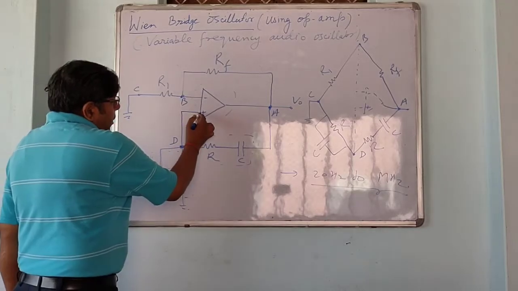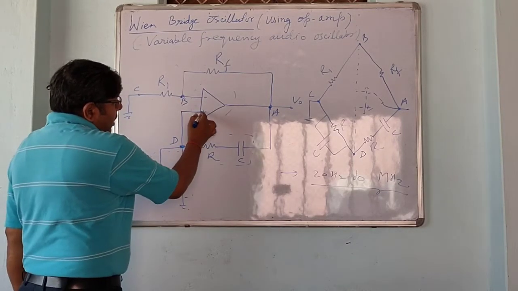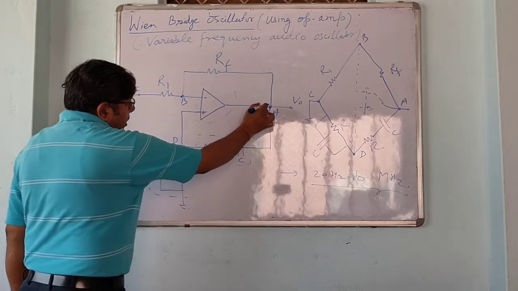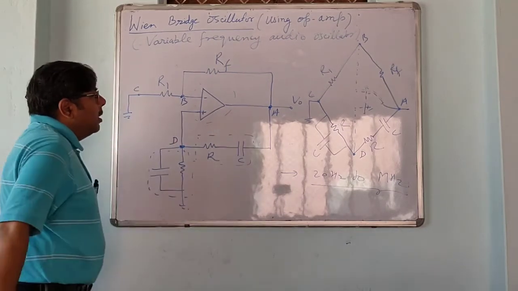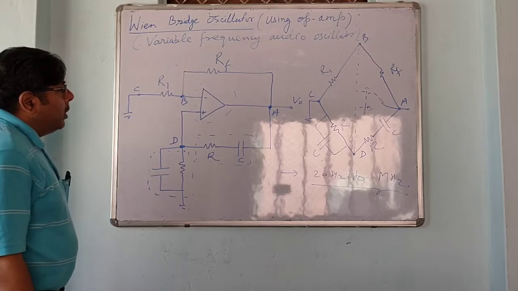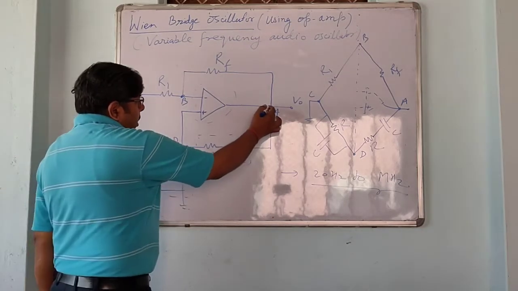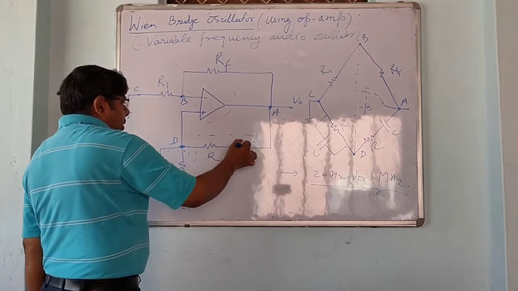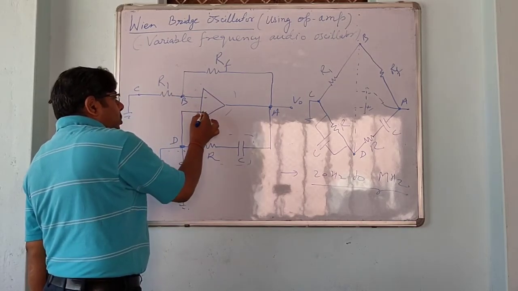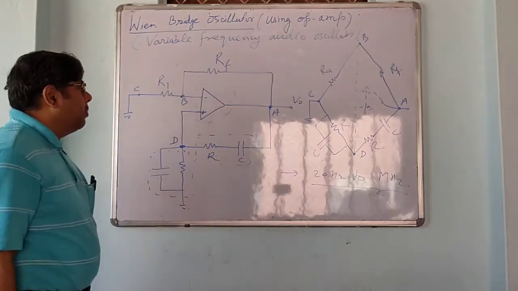So for the basic amplifier, here input is at the inverting terminal and non-inverting terminal. So we are using both types of feedback. Here from the output we have connected input at the positive terminal and also at the negative terminal.